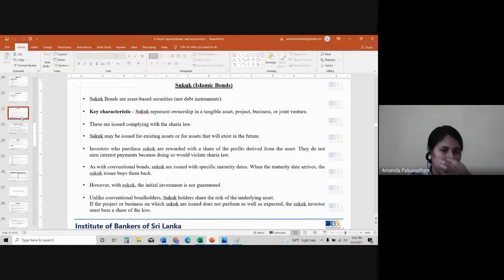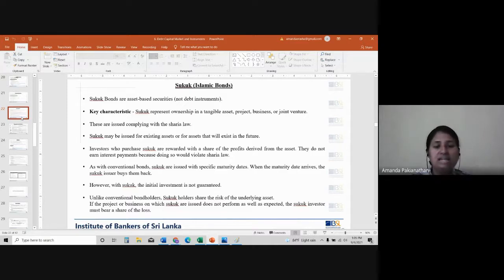Then we went through Sukuk bonds. We saw Sukuk bond was issued in compliance with the Sharia law. According to the Sharia law, there was no interest involved in the Sukuk bond. There is a profit allocation. Due to this profit allocation in Sukuk bonds, we can see both characteristics of debt and equity instruments.